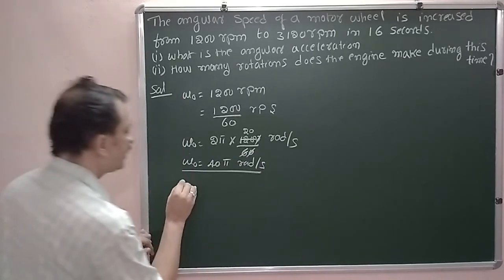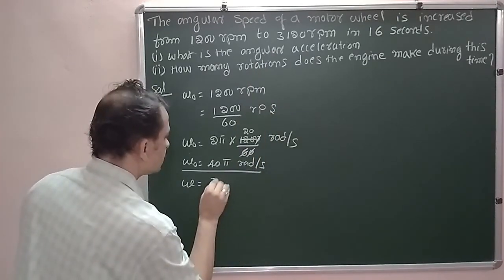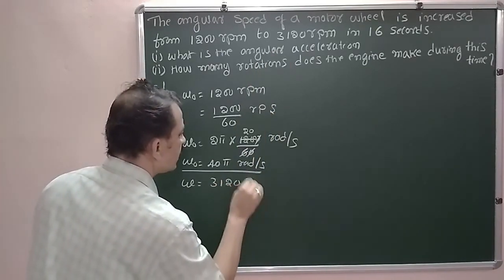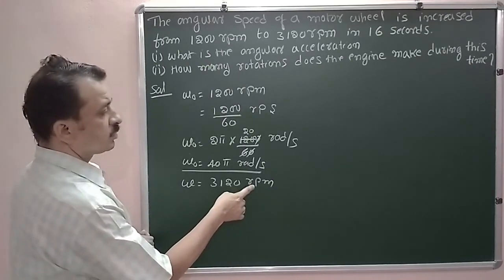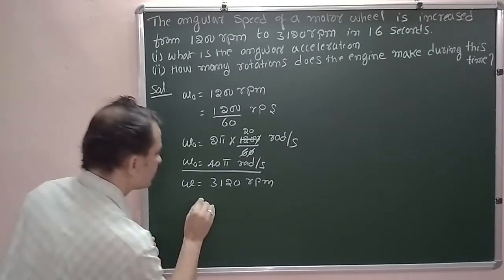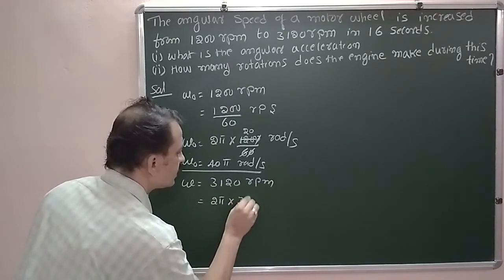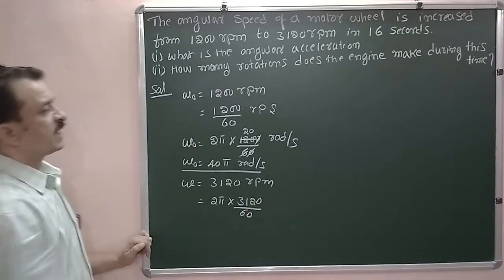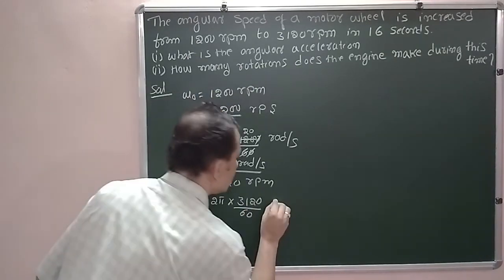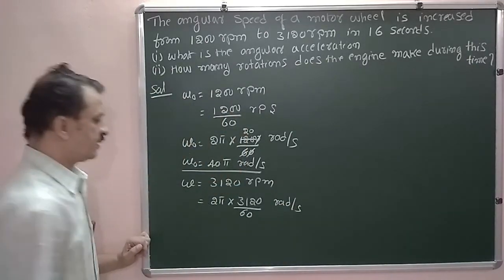Similarly, the final angular velocity of the motor wheel is 3120 rpm. Now convert it into radian per second. So that is equal to 2 pi into 3120 divided by 60, as done earlier. It becomes radian per second.